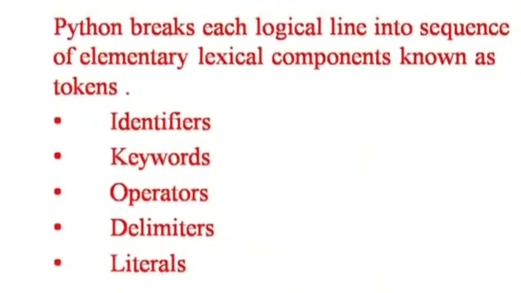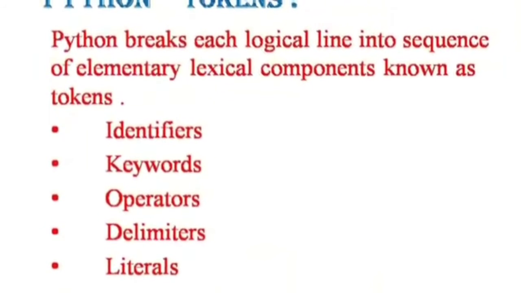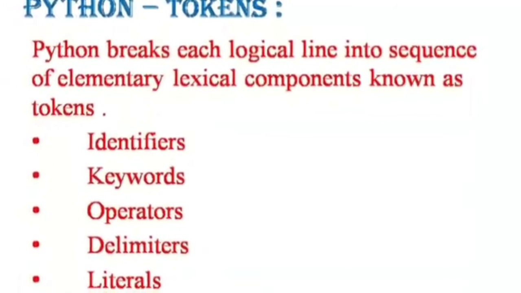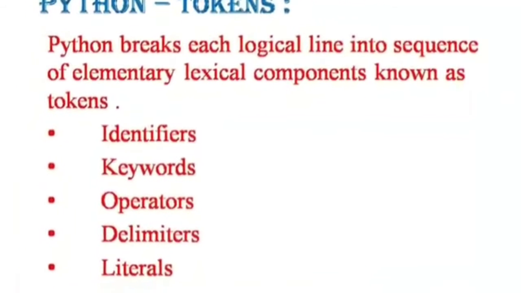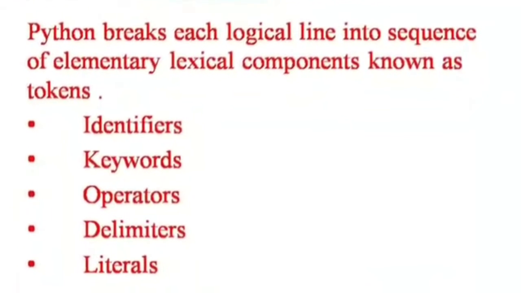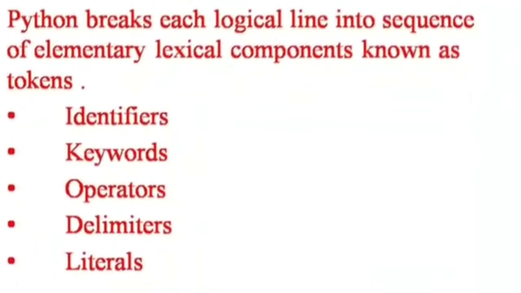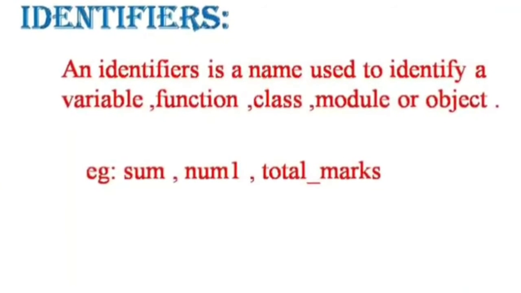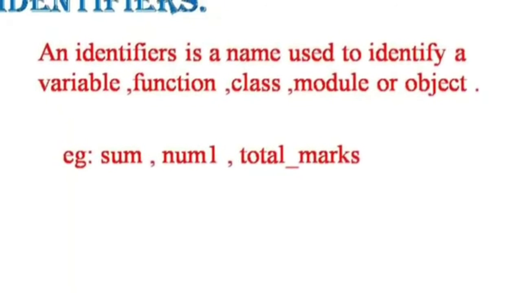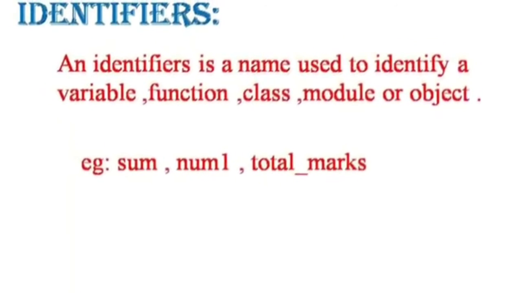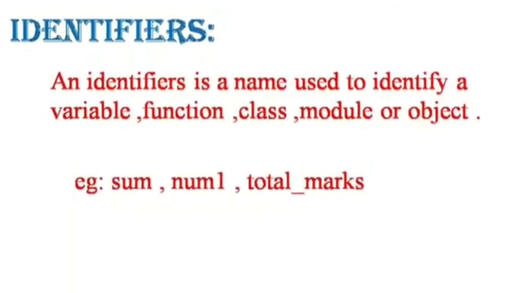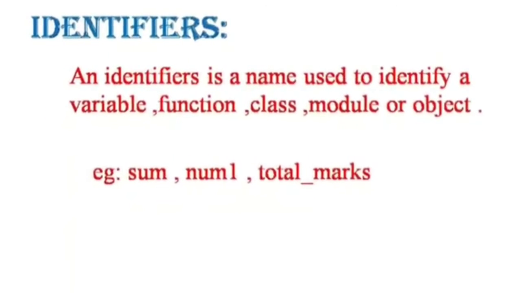Different types of tokens are as follows: identifiers, keywords, operators, delimiters and literals. First is identifier. It is a name used to identify a variable, function, class or object. Example: sum, num1, total_marks.